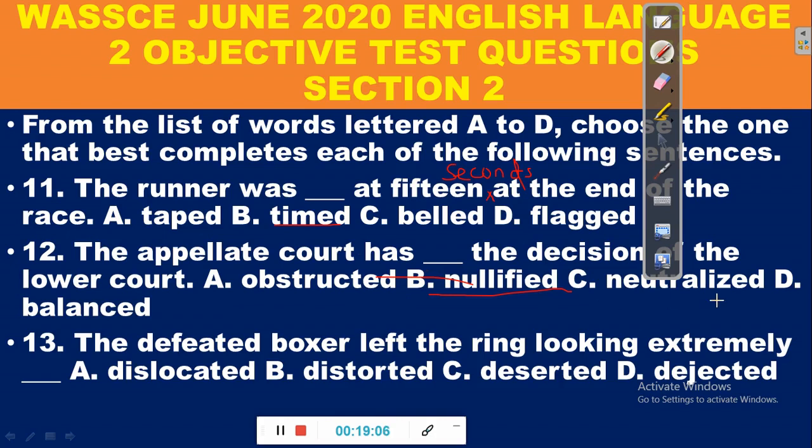Now, neutralize does not go in, because to neutralize something is to make something ineffective by applying an opposite force or effect. This is appropriate in the vocabulary of chemistry or other related subjects.